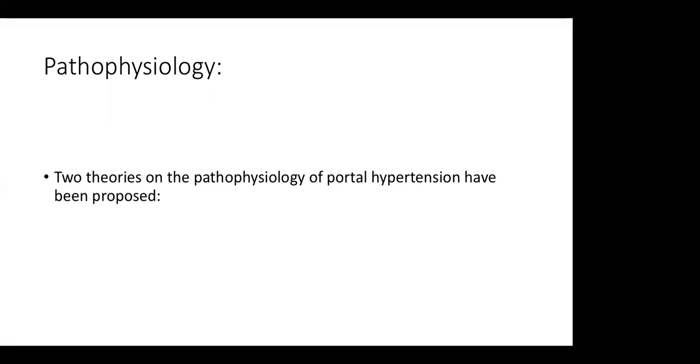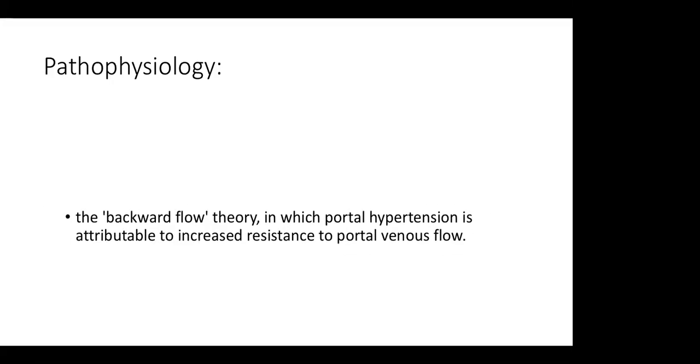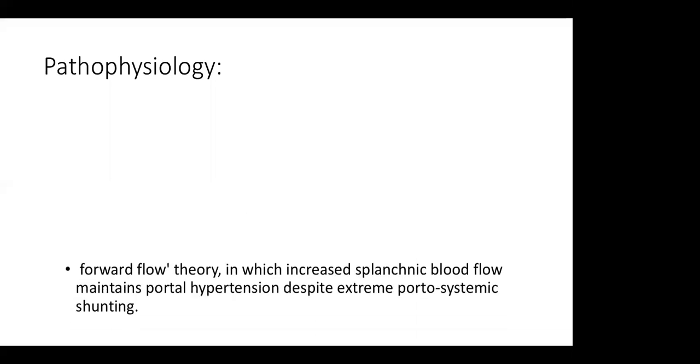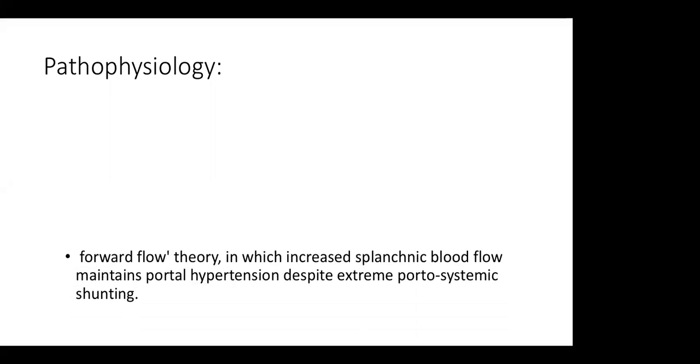And there are two theories of the pathophysiology of portal hypertension that have been proposed. The first one is the backward flow theory, in which portal hypertension is attributable to increased resistance to portal venous flow, or the forward flow theory, in which increased splanchnic blood flow maintains portal hypertension despite extensive portosystemic shunting.